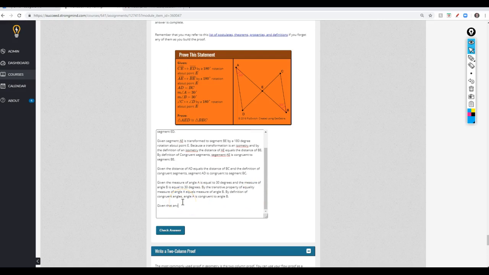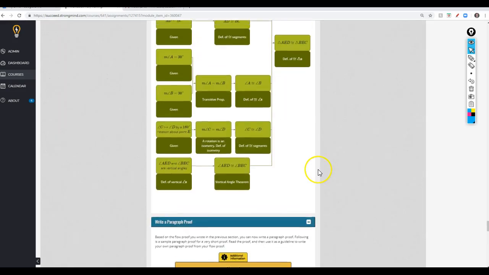Given that angle C is transformed to segment D by a 180 degree rotation about point E, what did that lead us to?